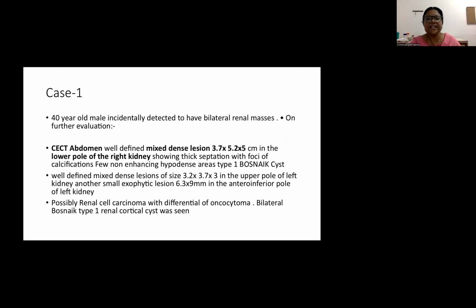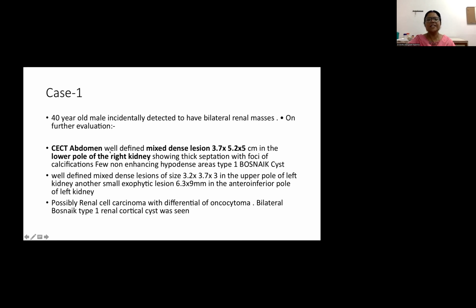Now, having briefly given an intro for the renal cell tumors, we'll quickly look at one case. This is a 40-year-old male who was incidentally detected to have bilateral renal masses. He was evaluated, and the CT abdomen showed a well-defined lesion about 4 centimeters in maximum dimension, which exhibited mixed density and also cystic areas.